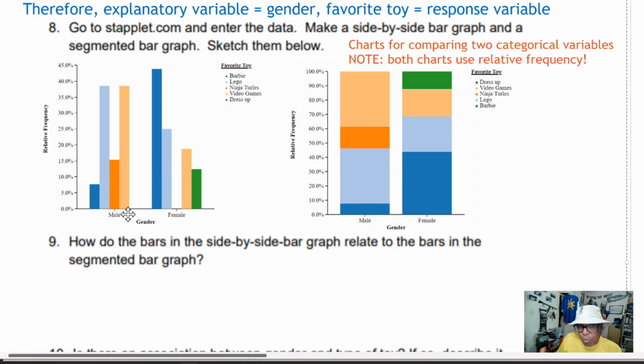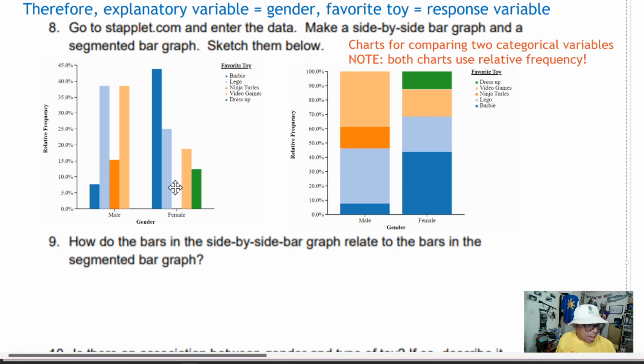However, if you want to compare the relative frequencies of the categories spread among multiple categories of another categorical variable, then I think it's probably better, for comparison's sake, to use that segmented bar graph on the right.